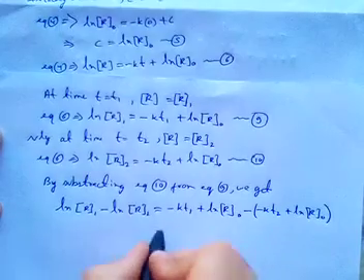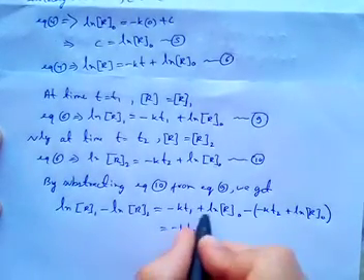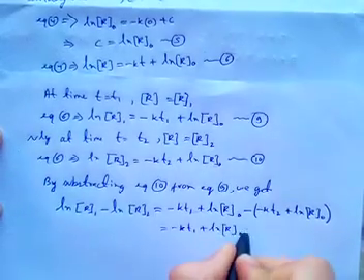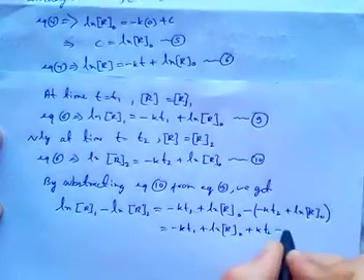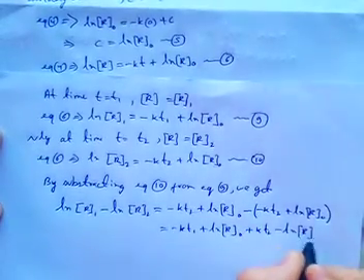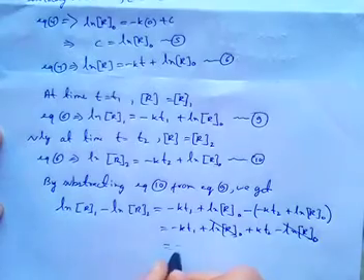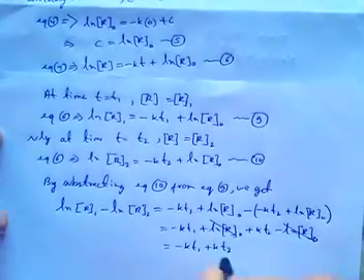So minus kt1 becomes plus, kt2 minus means minus ln r0. So the ln r0 terms will cancel. What we get ultimately is minus kt1 plus kt2.